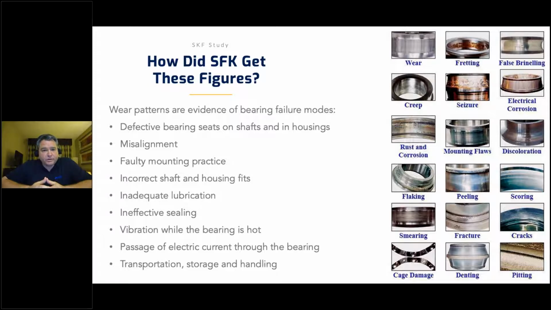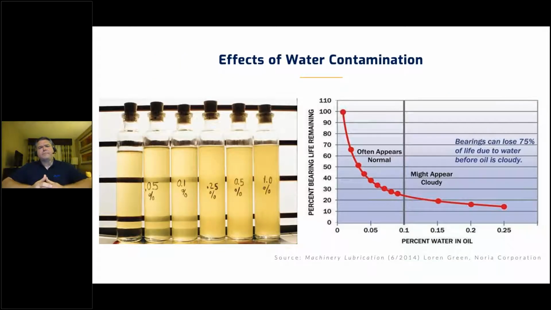And so it's real clear when you look at a failed part, you can determine whether it was contamination, a misalignment, or other cause of failure. So SKF is one source to look at, but they're saying that more than half of the problems with the bearings they manufacture come from the lubricant.